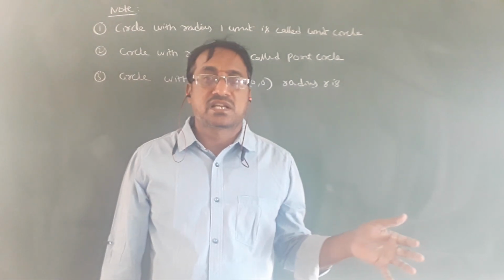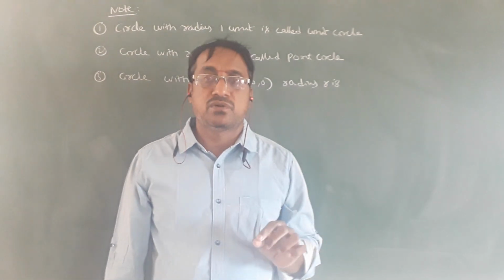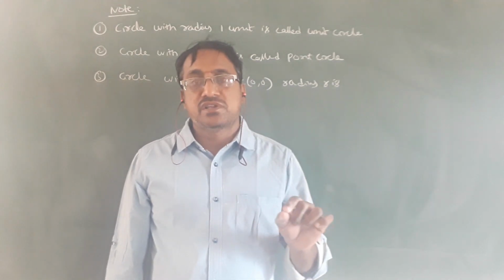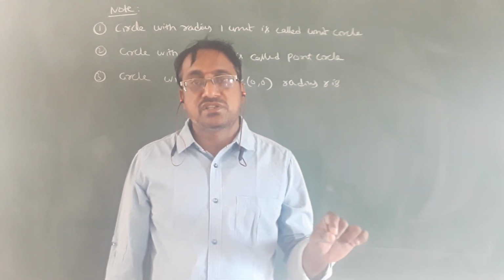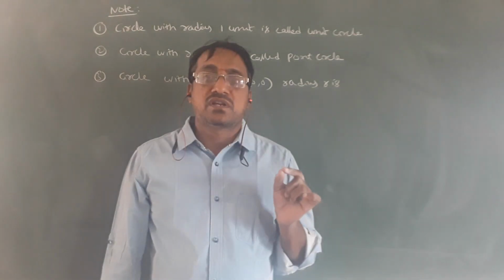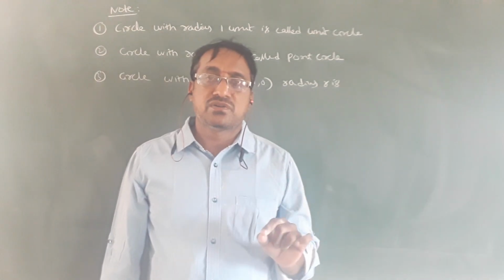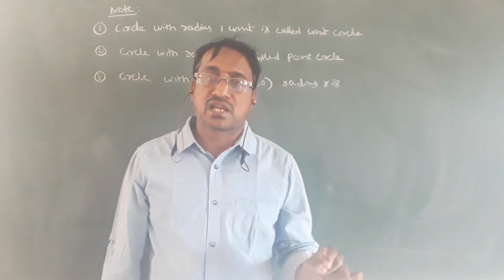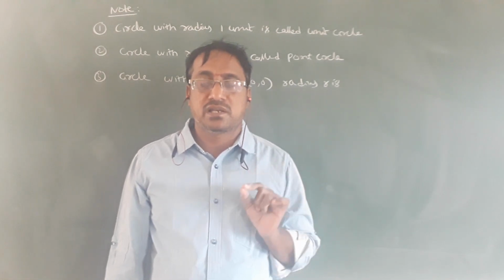There will be circles with radius 0. Every point in the geometric plane is a zero radius circle. Remember that. So a circle with radius 0 is called a zero circle or point circle.